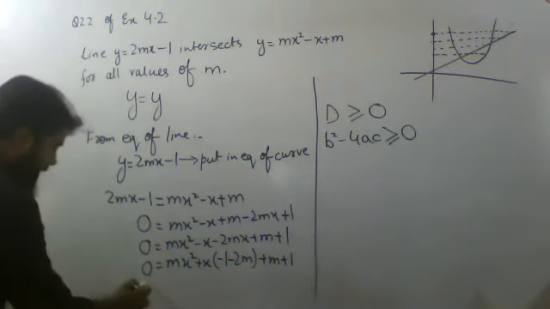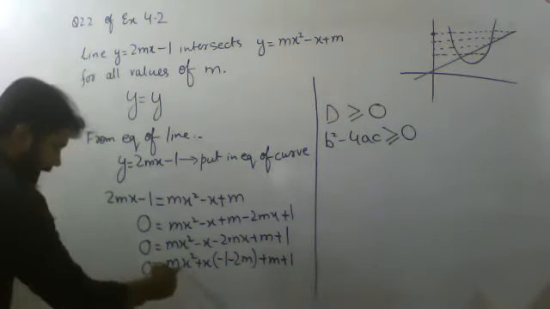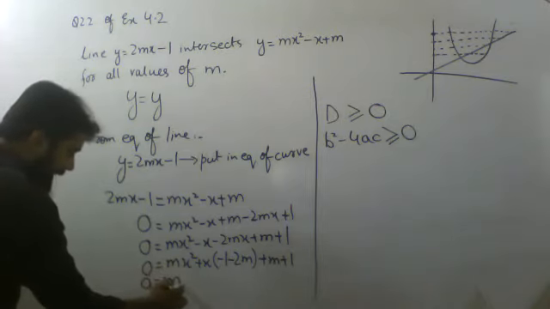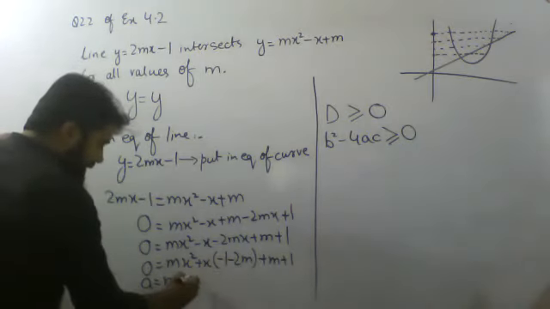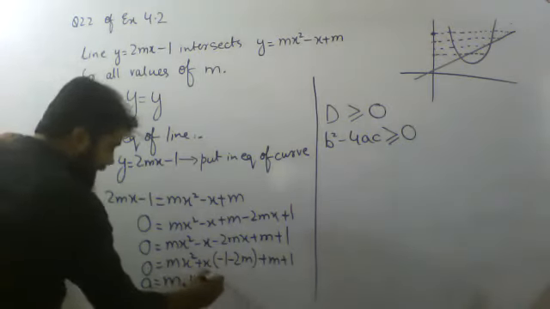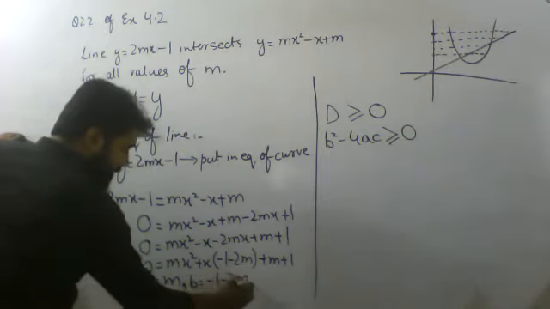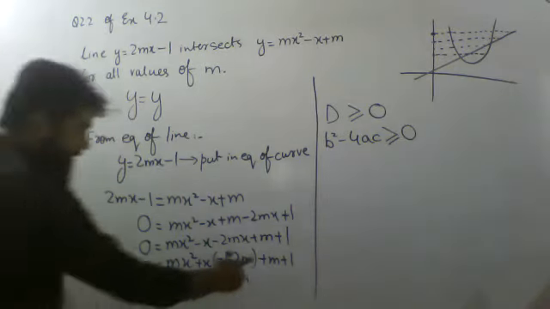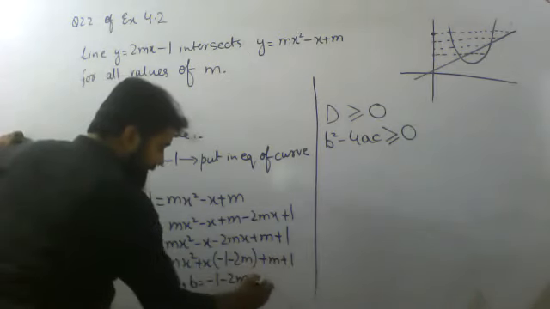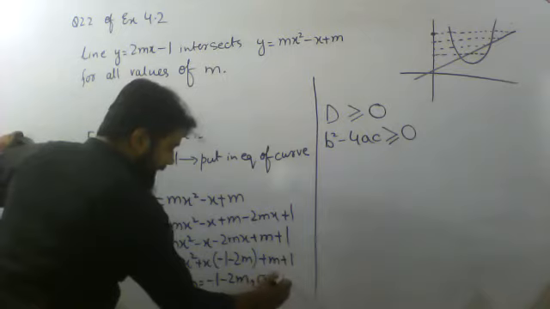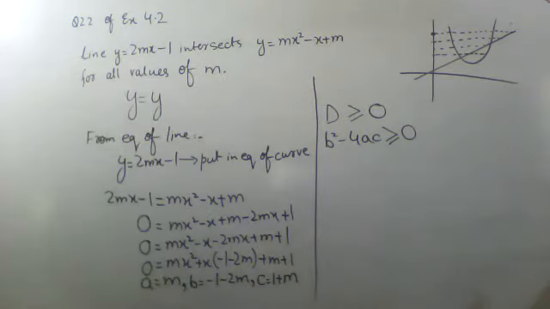So what will be a? Whatever is written with x square will be considered as a. Whatever is written with x will be considered as b, and whatever is written without any x will be considered as c.